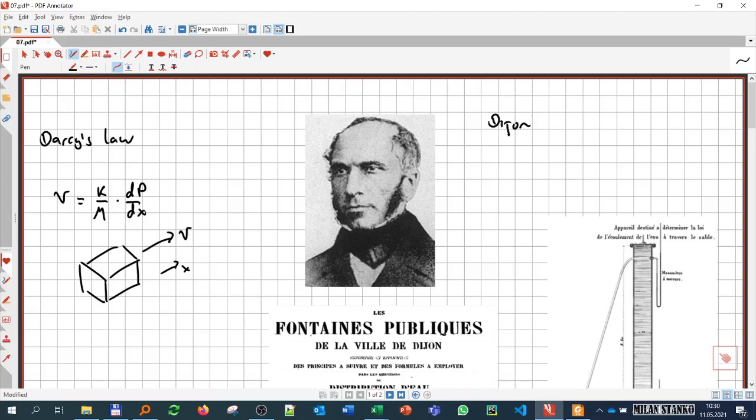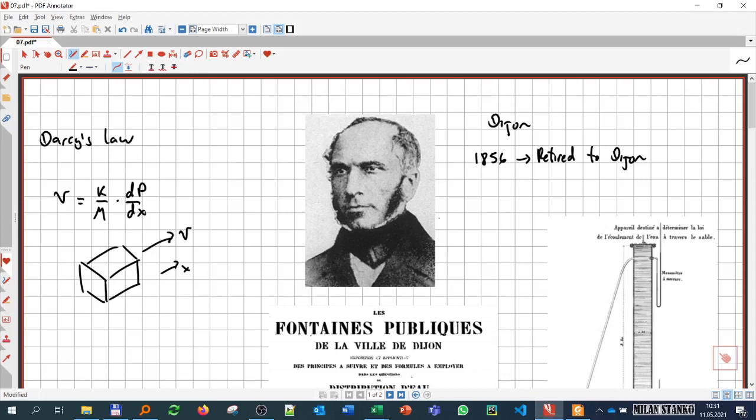Then he went to other assignments in Paris and some other places, but in 1856 he retired to that same place, Dijon. That's where he performed the experiments that became the base for this law, which was an enormous contribution to society and to science.